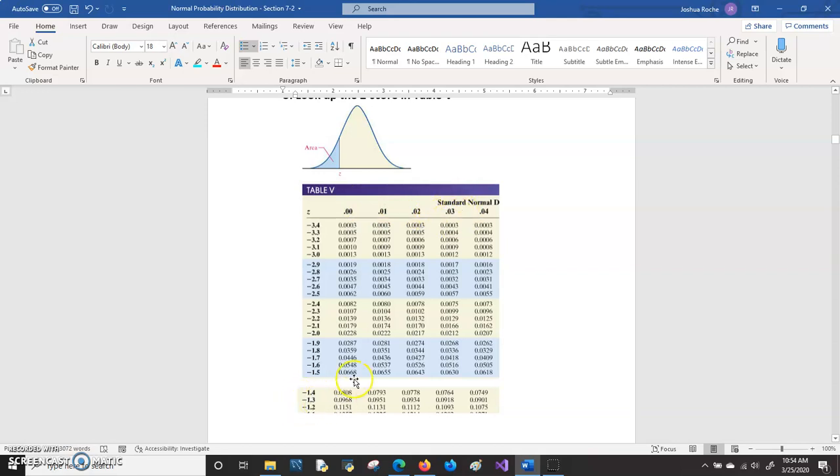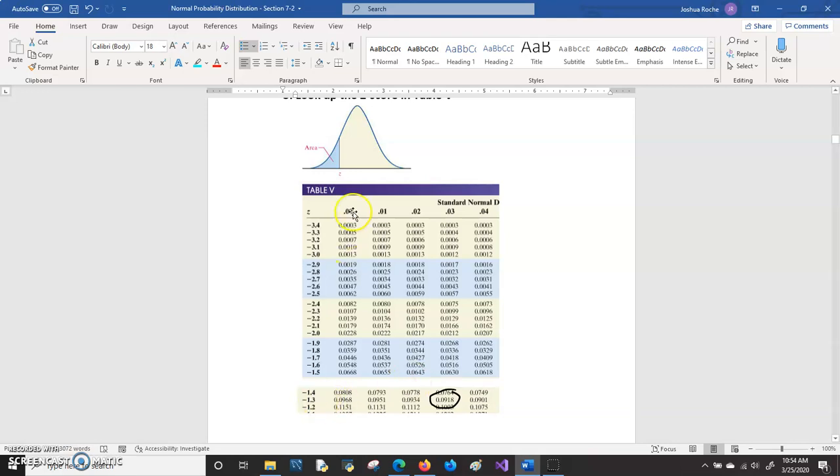So negative 1.33, look where they line up. It looks like they line up right here. 0.0918.